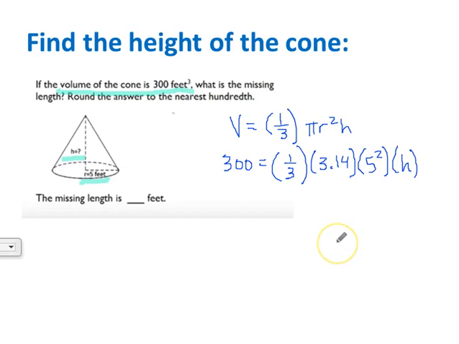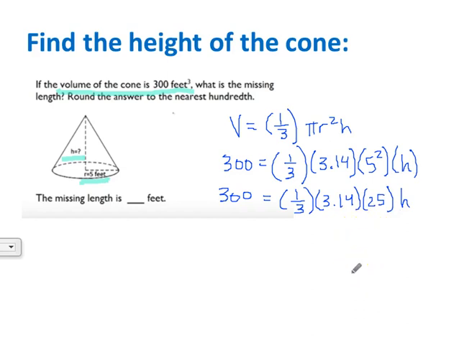So let's clean up the right side of the equation. We've got a lot of things that we can multiply. All those numbers we can multiply times each other so that we simplify that into one number. So I know I'm going to multiply 3.14, and I know that 5 squared is 25. So if I want, I can rewrite this again with that 5 squared being simplified as 25 times h.